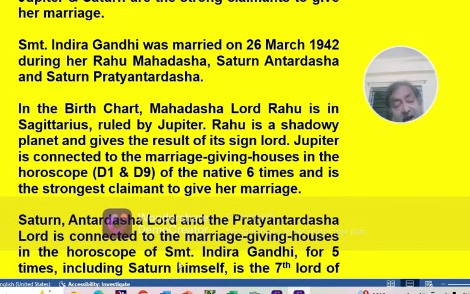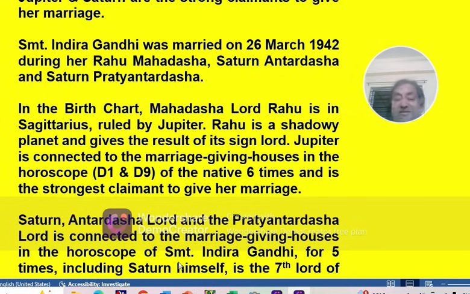Rahu is a shadowy planet and gives the result of its sign lord. Jupiter is connected to the marriage giving houses in the horoscope D1 and D9 of the native 6 times and is the strongest claimant to give her marriage.